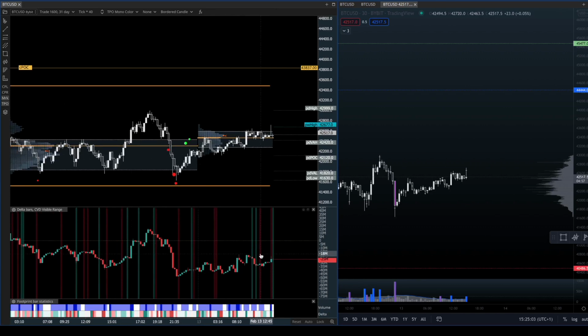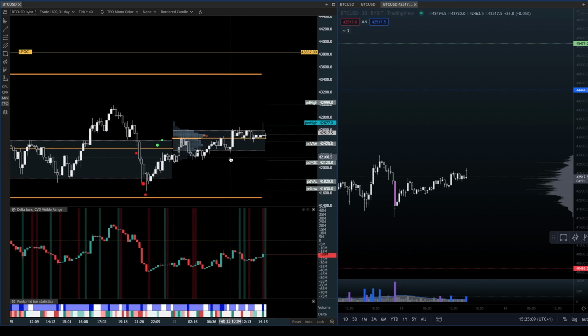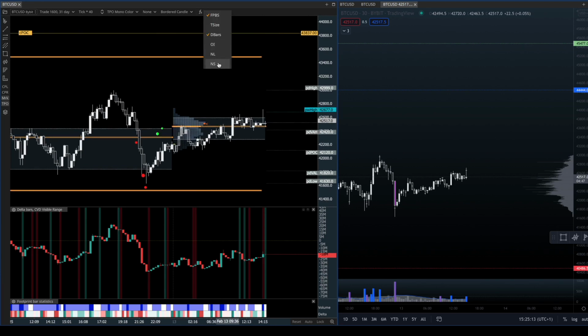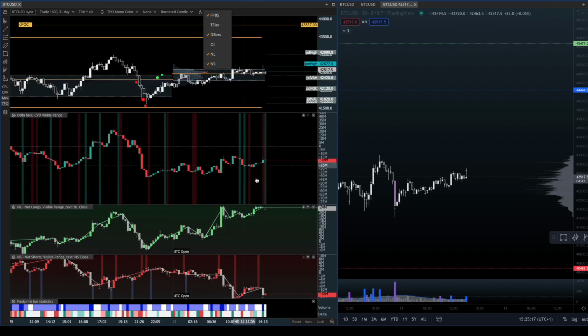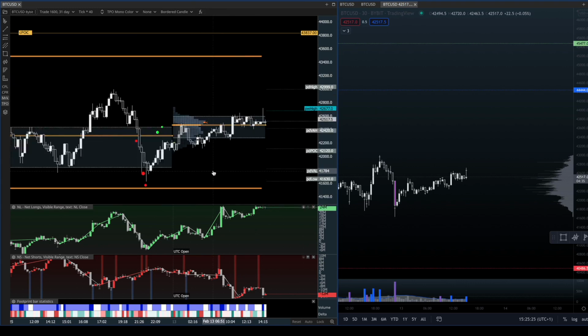Coming in, CVD with highlighted single bar divergences. This is self-explanatory, and I covered that in the videos, but there are some other things that are pretty unique to Exocharts. The net longs and net shorts indicator comes from open interest.